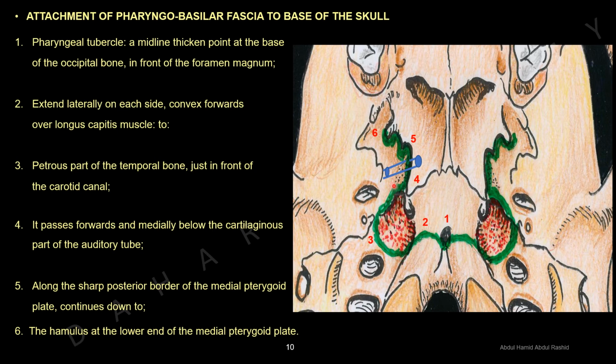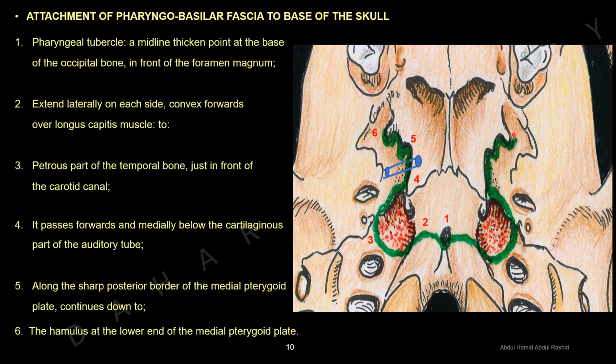When it reaches around the uppermost part of the medial pterygoid plate, the cartilaginous part of the auditory tube is here. So this fascia will be attached to the cartilaginous part of the auditory tube and then to the posterior sharp margin of the medial pterygoid plate, coming down, and finally reaching the lowest end of the medial pterygoid plate, that is the hamulus.